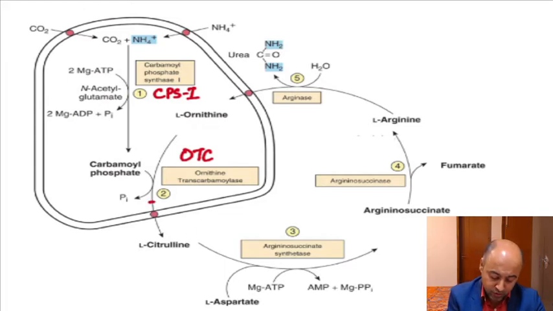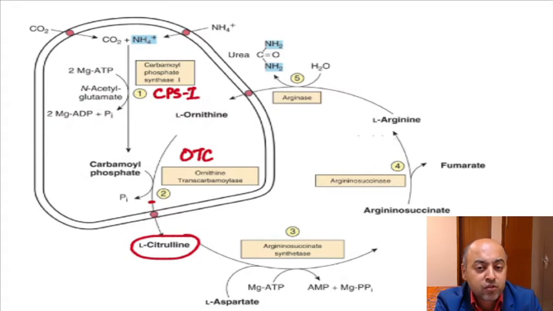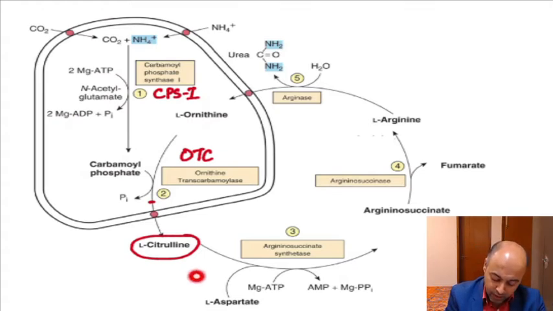Citrulline is then transported across the membrane with the help of a dedicated transporter, which brings out the citrulline. Citrulline combines with aspartate, resulting in formation of argininosuccinate.